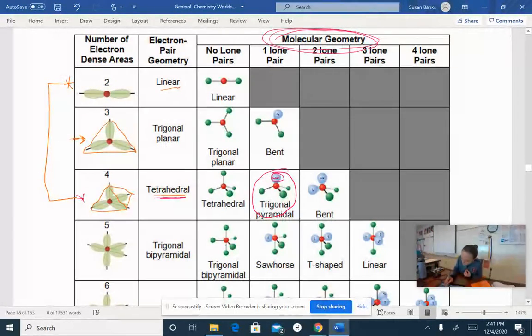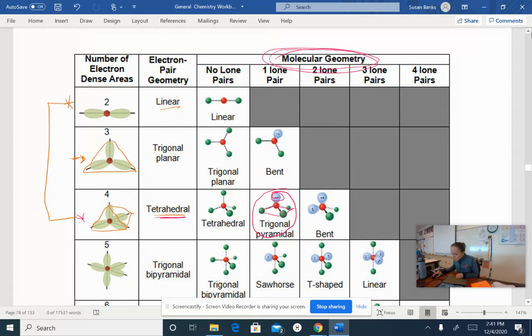Notice this pair of electrons takes up space. But when I draw just the molecule where the atoms are, it's going to be a pyramid with a triangular base, and it's not flat. It's kind of up in the air like a little pyramid. So that's a trigonal pyramidal shape. So here we go.